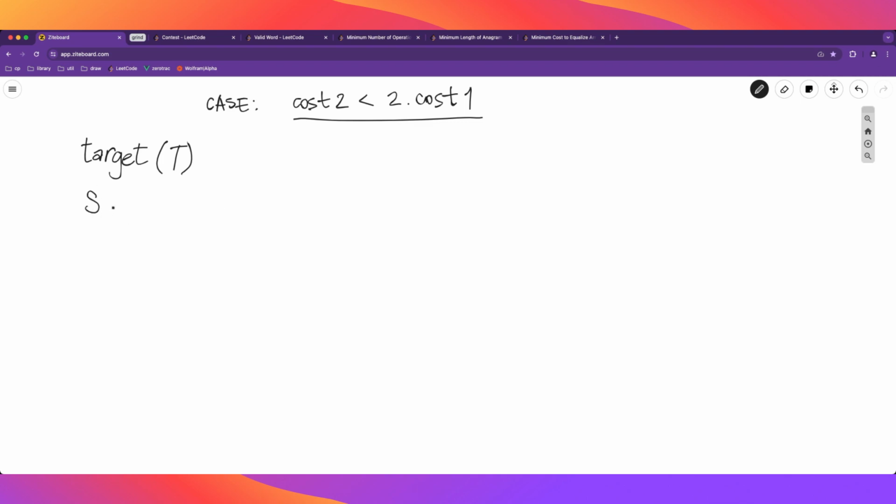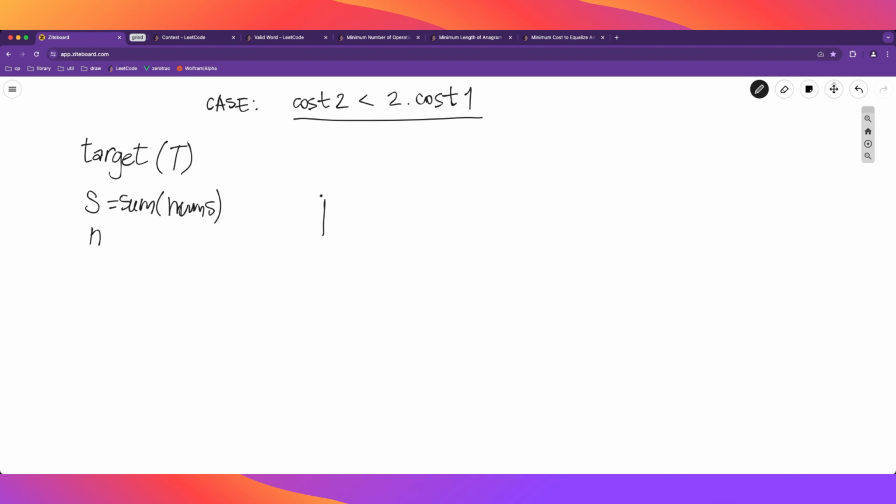Then we're going to have s, which is going to be the sum of the nums. We have n, which is the size, and so we want to do as many cost 2 operations as we can. So we can think about it this way.